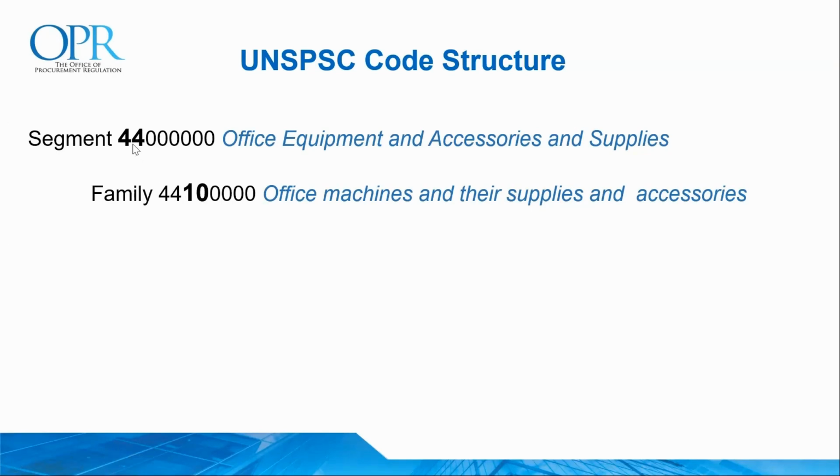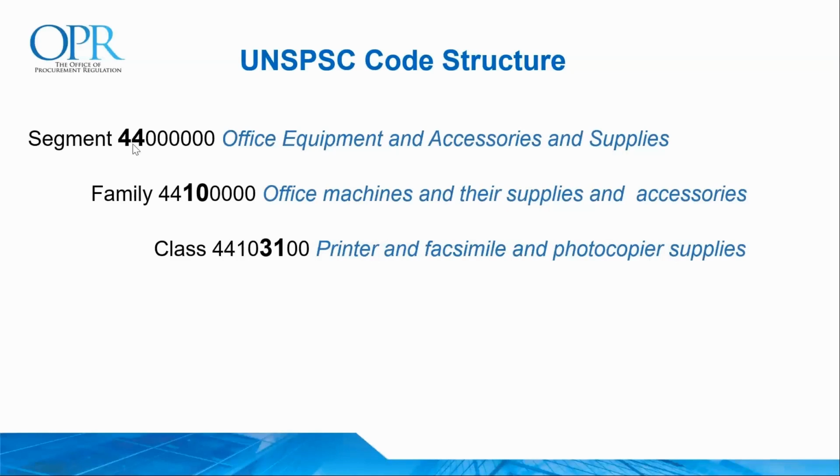As we drill down to the third level, which is the class, this is the printer and facsimile and photocopier supplies. Notice again, what's highlighted here is the class code is 31, but this would have inherited from the 2 levels above, 44 for the segment and 10 for the family.